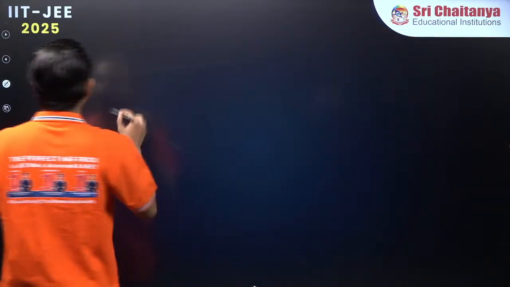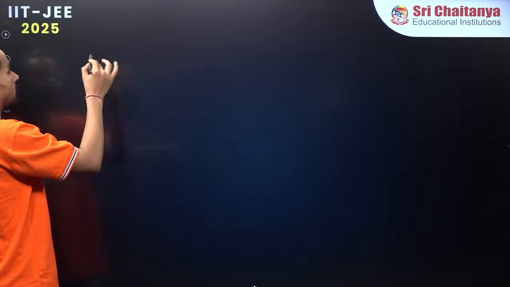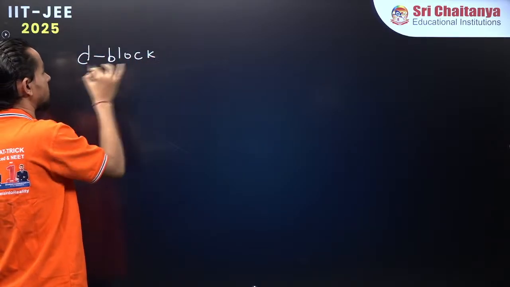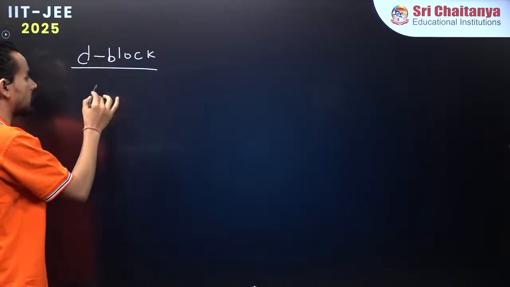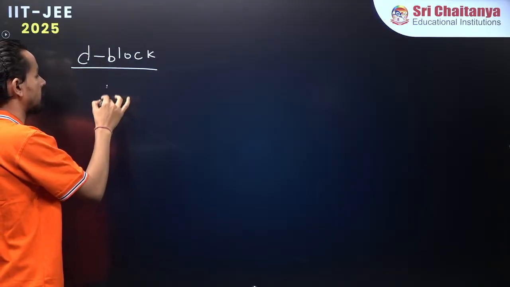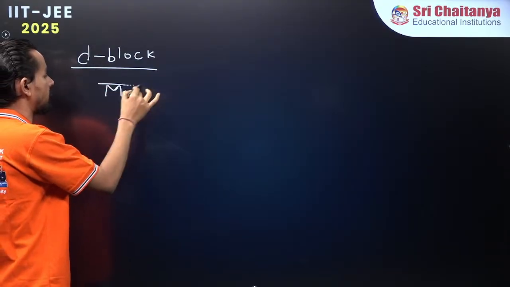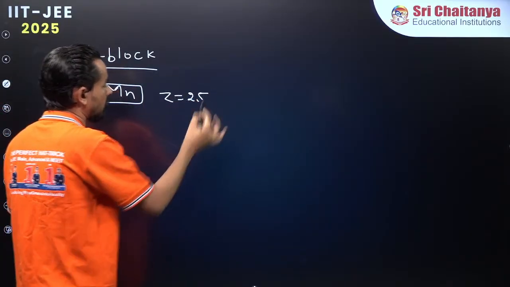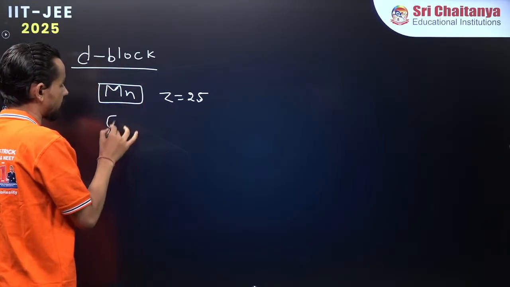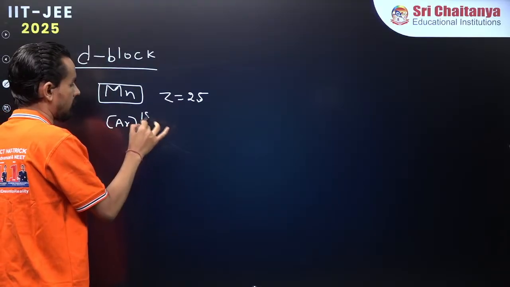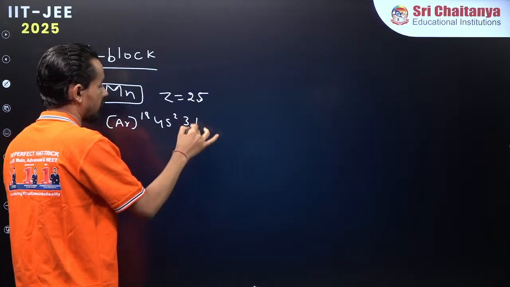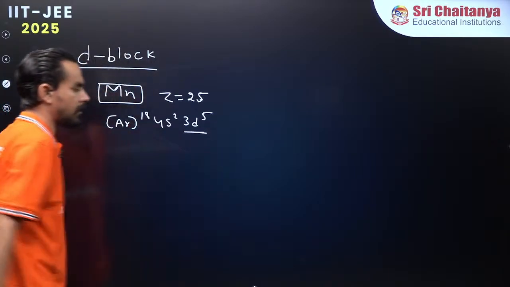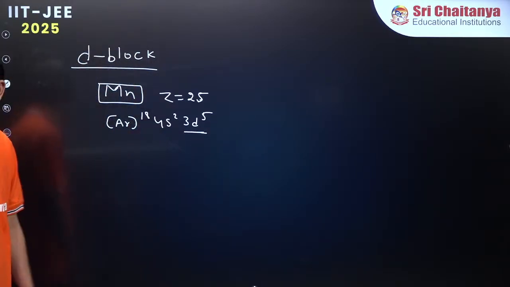Let's move to the determination of group for D block elements. Let us say manganese, Mn, Z is equal to 25. Write its configuration: Ar 18, 4s2 3d5. The last electron is going into the D orbital, so it is a D block element.